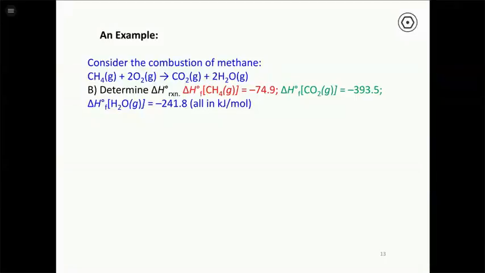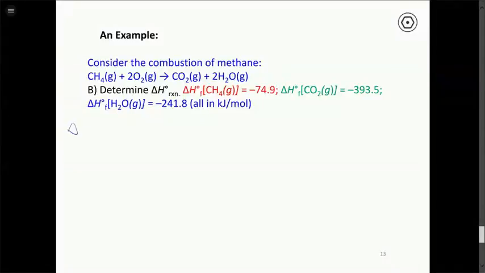Okay, so we want to find the delta H for this reaction where we're giving you the delta H of formation for methane, this is minus 74.9. The delta H of formation for CO2 is minus 393.5. And the delta H of formation for water is minus 241.8. So I gave you all 3 of those delta H of formation.